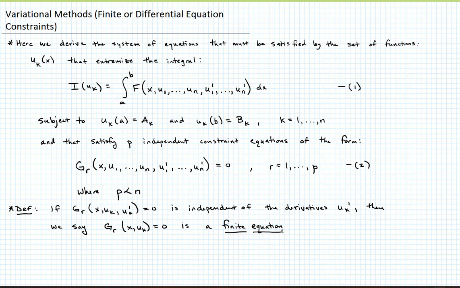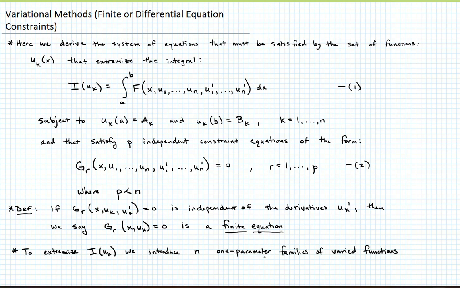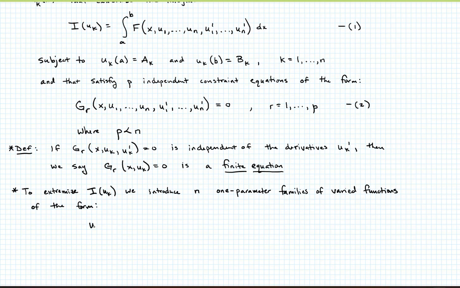To extremize I of uk, we're going to introduce n one-parameter families of varied functions of the form u tilde k, remembering u tilde being the varied path, as a function of x, equal to uk of x, the correct solution that extremizes the functional, plus epsilon times eta k.